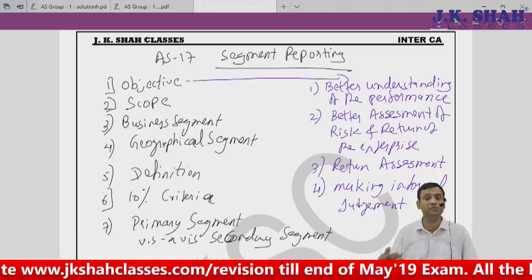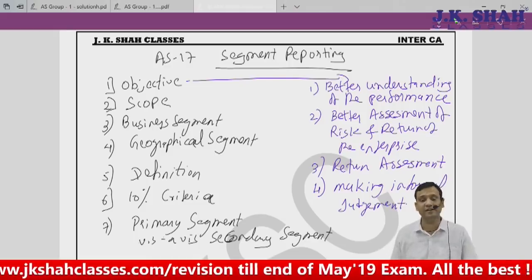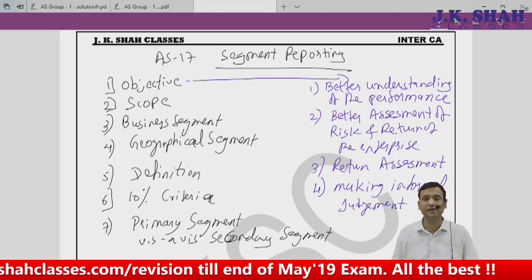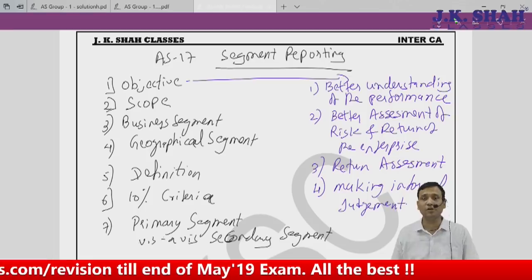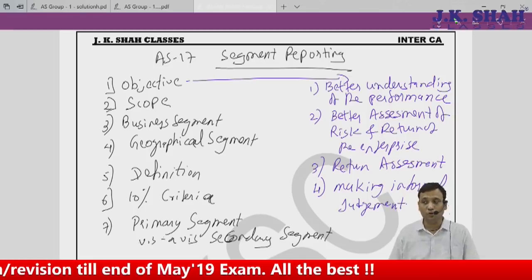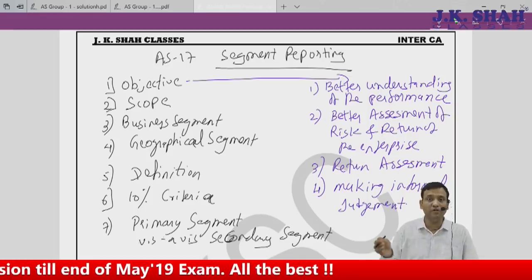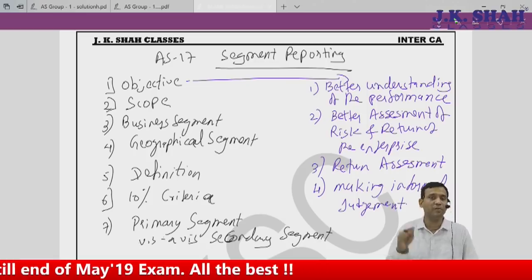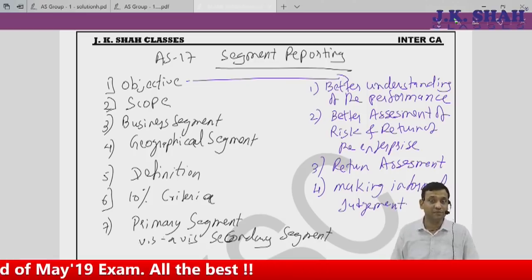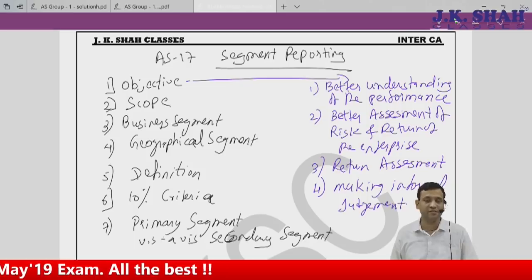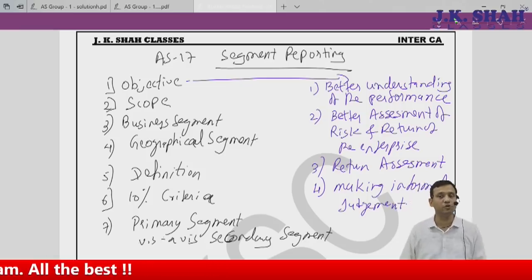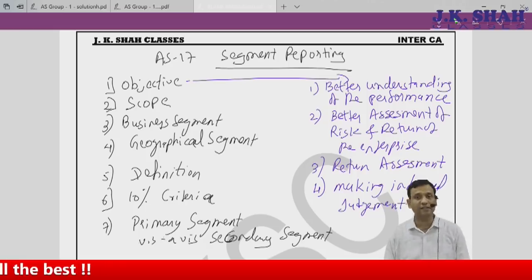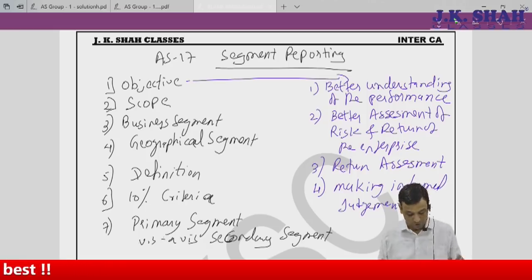We have 30 plus branches across India. We are in southern India, western India, even eastern India. Our presence is all around. So I want to make informed decisions with respect to the profitability and performance of each and every branch. So a report is prepared which gives us an idea of the performance. That is nothing but a segment report.